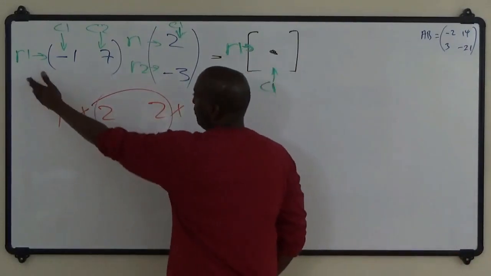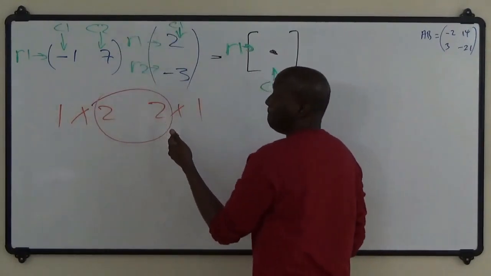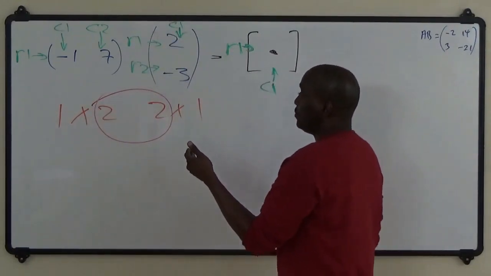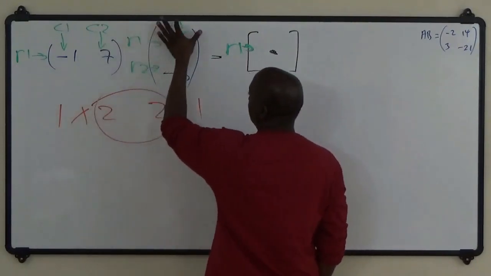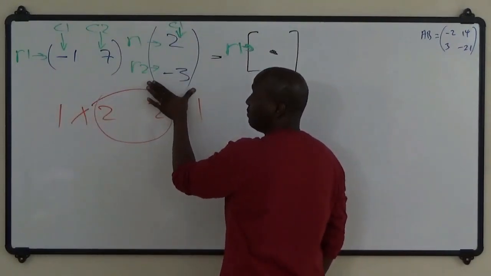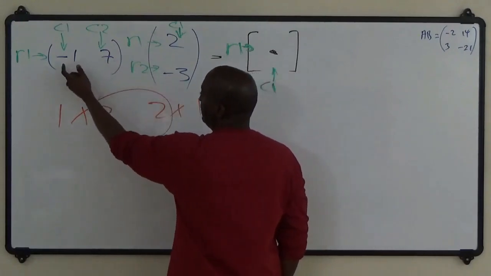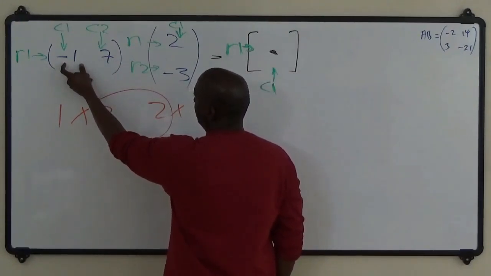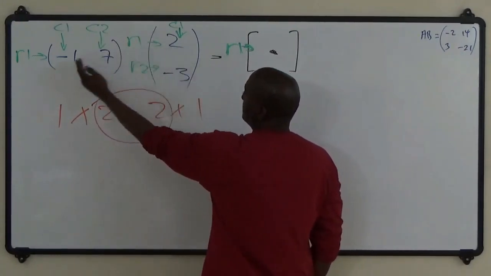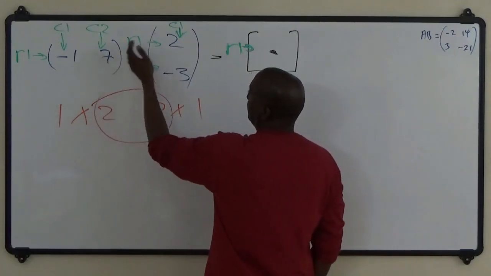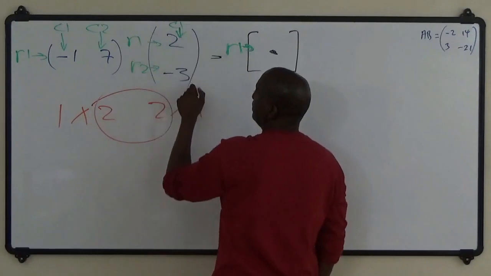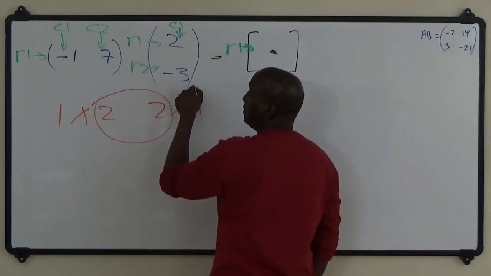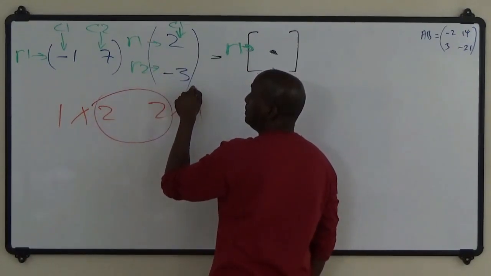Now we realize we only have one row and one column. So what do we do? We multiply the corresponding elements in the respective row and column. So the first element in row 1, measuring left to right, by the first element in column 1, measuring up to down.